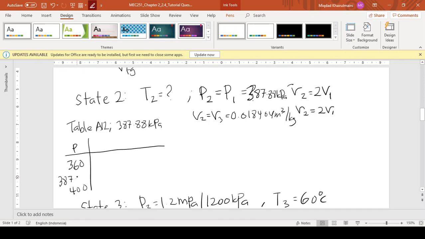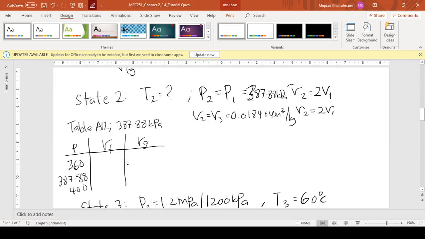So the value for our pressure right now is in between 360 and 400. So what we have to do now is interpolate, for Vg first, and then Vf. But prioritize Vg first, because we want to see the phase.